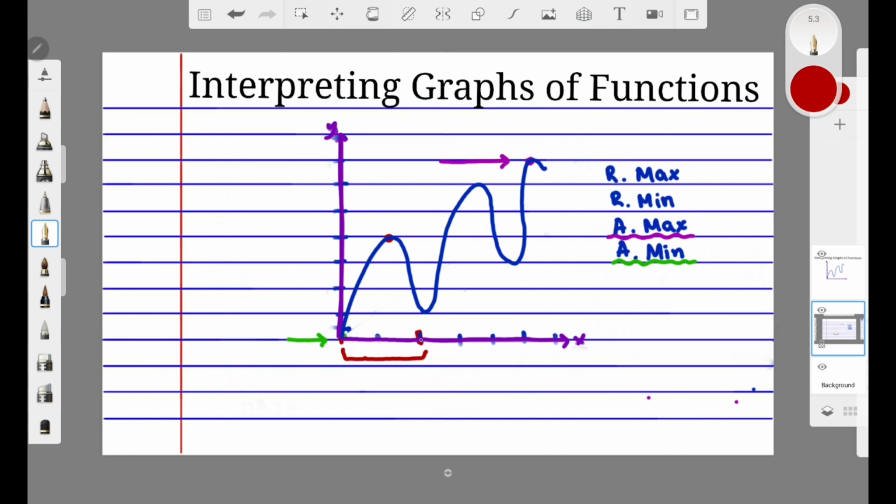Now, if we take another domain value and we take this value, we'll see there's another relative maximum right there. And the same will hold true for a relative minimum. We just need to take some specific domains and see that there's a relative minimum right here. And also, if we take, for example, these values, there's one right here.